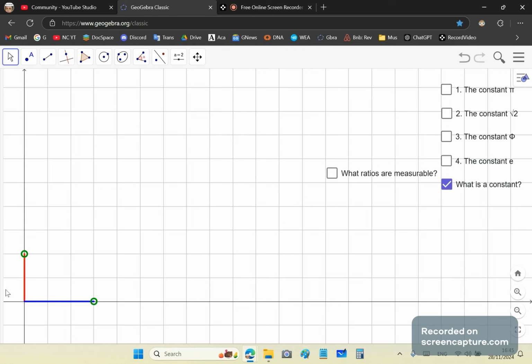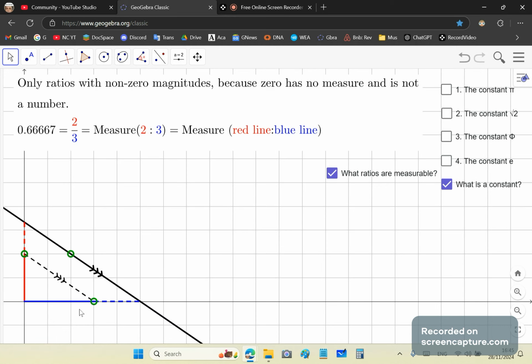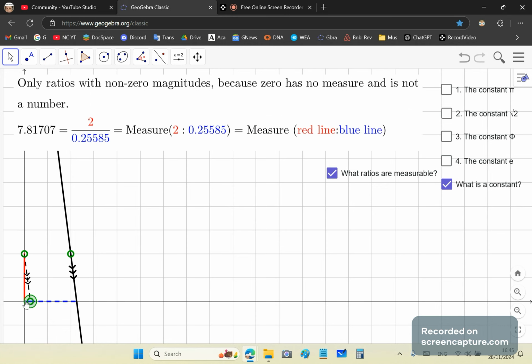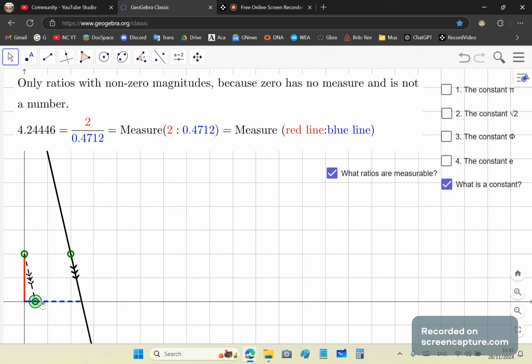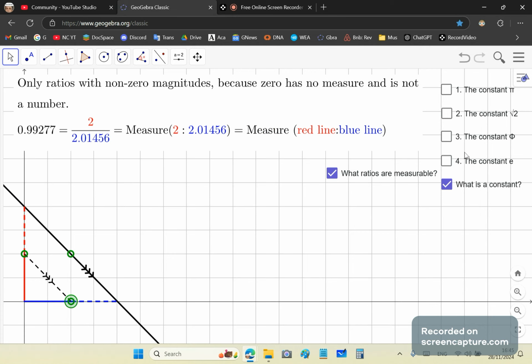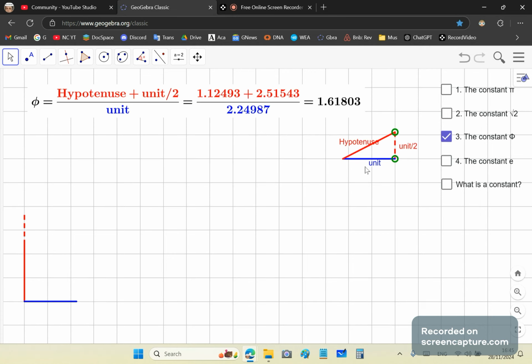This is what happens when we talk about what measuring ratios mean. So first of all, when you have a ratio, you cannot have a zero consequent, because what does zero measure? Zero doesn't measure anything. But as you saw over here, for example, the constant phi, this top part is measured by the unit.